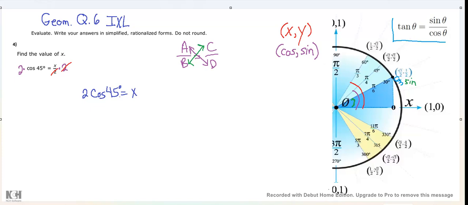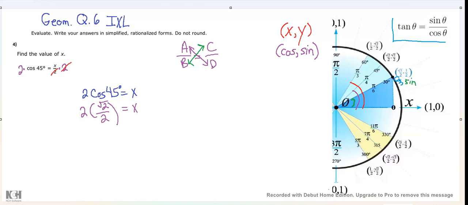We want to look up the value of a 45-degree angle. So we just go over here to our unit circle, and they're both the same. The cosine is our x value, square root of 2 over 2. So that gives us 2 times square root of 2 over 2, and that's what x equals.